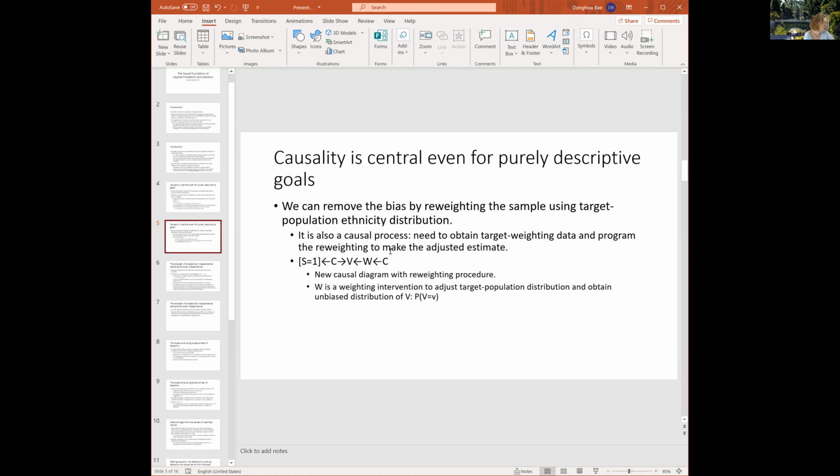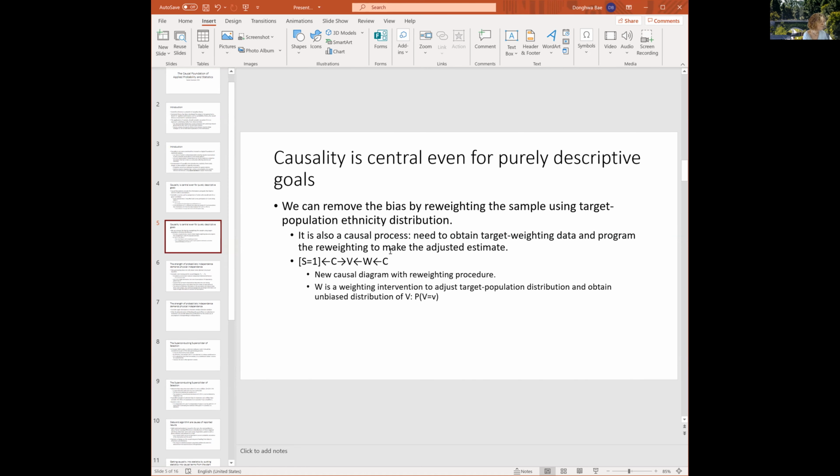So they know that there are confounding aspects. So when they are taking the survey, they look at different values of S equal 1, S equal 0, and for each one, they have a weight.